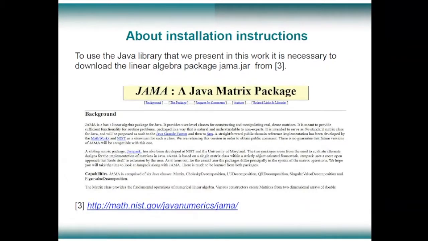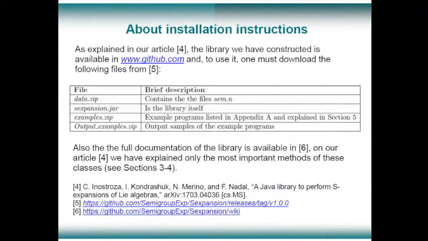Download it, a very nice package. So, we have a big page, and to use files. First, data will contain files that have the multiplication tables and the actual library. It also gives some examples.